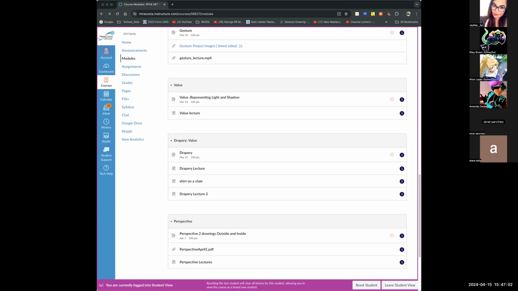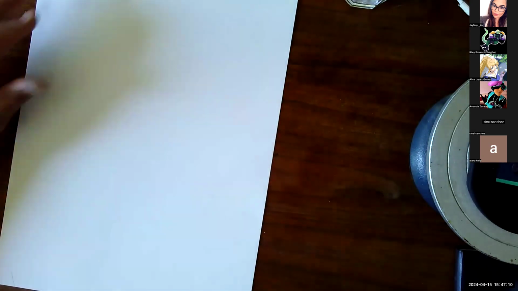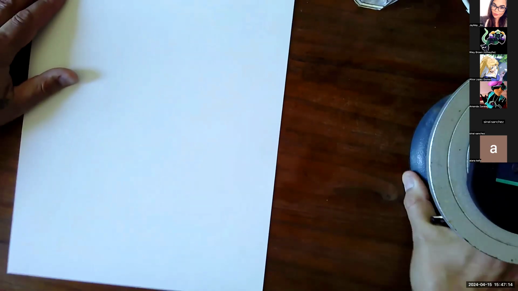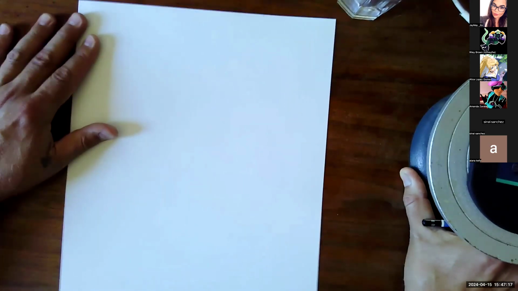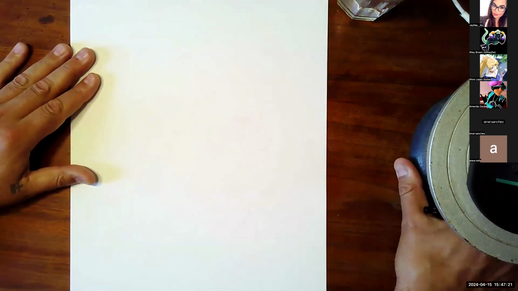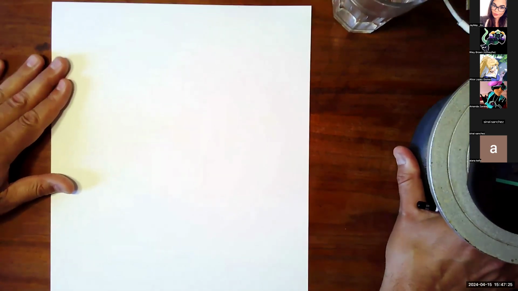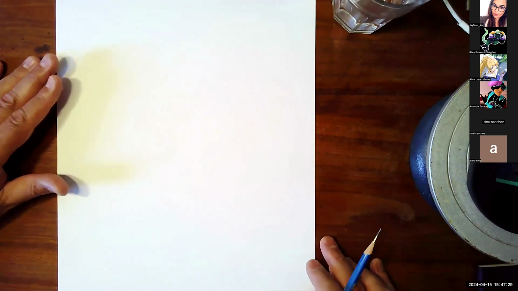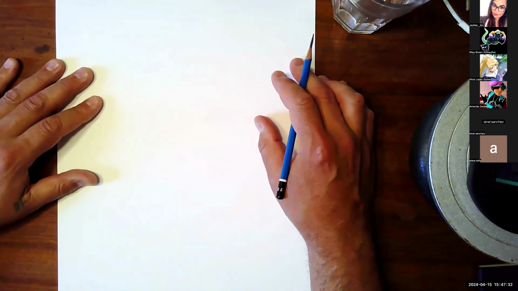But what I want to encourage you to do is find your middle ground, find the place where you say, I like so-and-so's method, and I like so-and-so's method. Try and figure out a method that you think is really useful for you, that works, and that you can continue. So what I end up doing, guys, is I read a lot, I look at a lot of videos, and I draw a lot mostly.